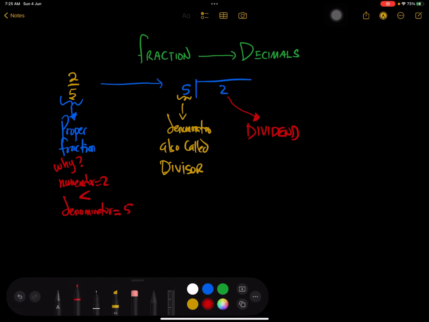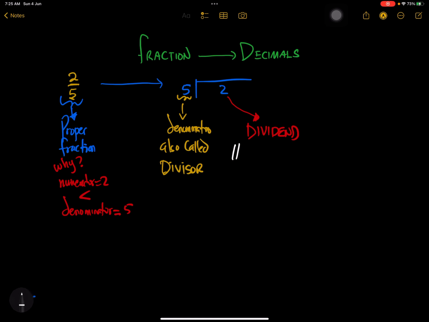The divisor is the number used to divide the dividend. So that's what the 5 is, and that's what the 2 is. The 2 can also be known as the numerator or the dividend.